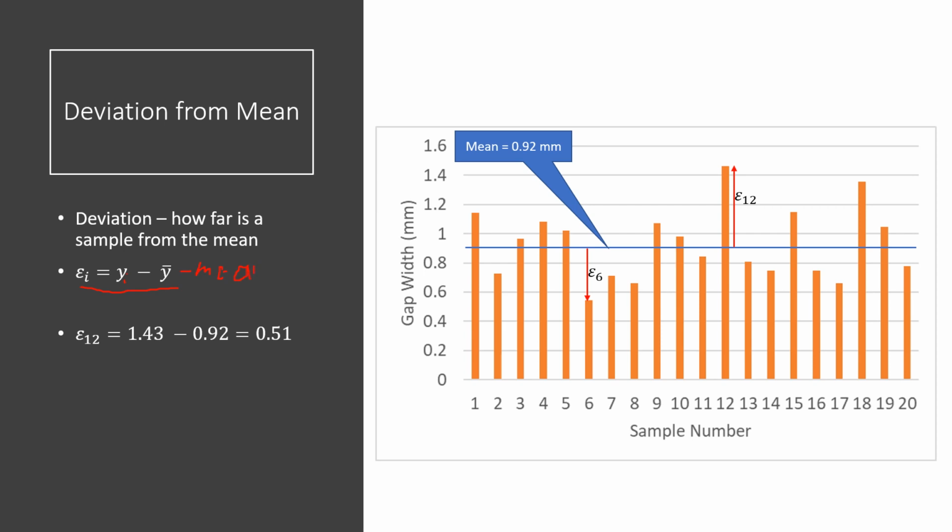So for example, epsilon sub 12 means we're going to look for the deviation for sample 12. I come to number 12 right here, and you can see I'm subtracting off the mean: 1.43 minus 0.92. So we end up with a positive deviation of 0.51 millimeters.